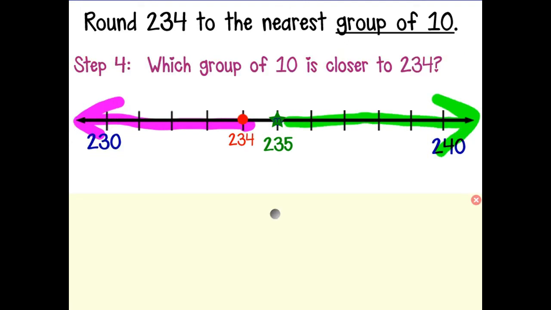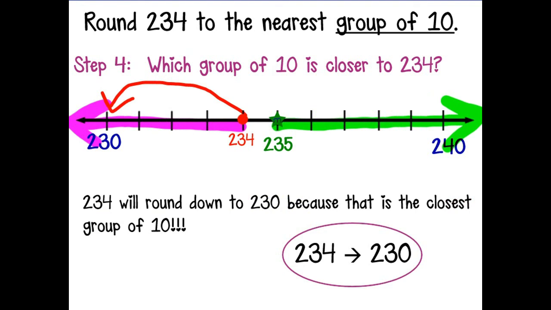Which group of 10 is 234 closer to, 230 or 240? 234 is closer to 230, so 234 will round down to 230 because that is the closest group of 10.